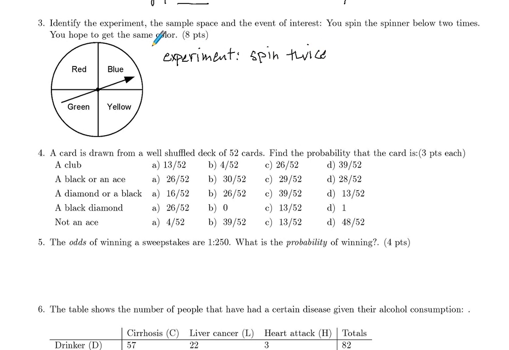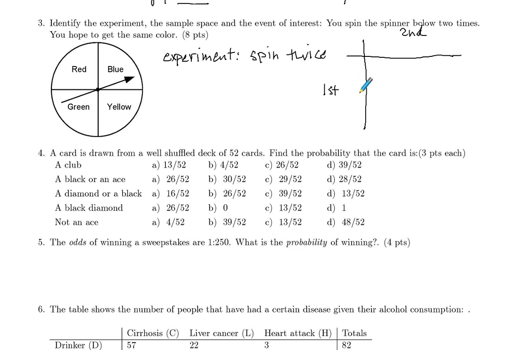And then let's see, we want to identify the sample space. Okay, this is a 2-step experiment. So probably a nice way to do the sample space on this one would be an outcome table. So we could list an outcome table here with our first spin on the vertical and our second on the horizontal.